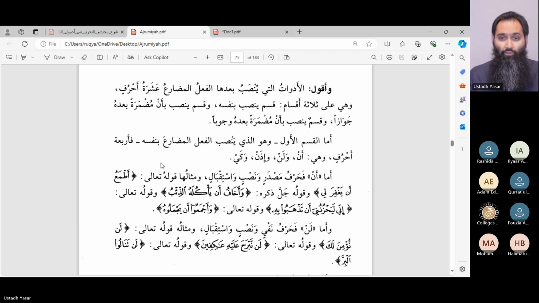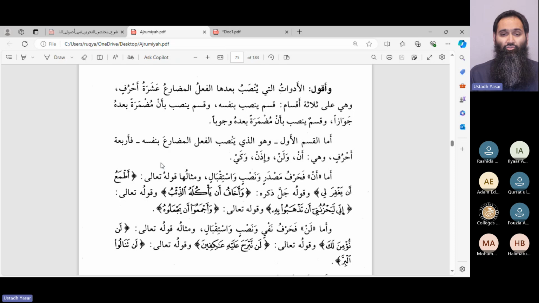Okay, Shaykh Muhammad rahimahullah says: الأدوات التي ينسب بعدها الفعل المضارع عشرة أحرف. He says the adawat, the tools, you could say, or the words after which fi'l al-mudari is mansoob are 10 letters.